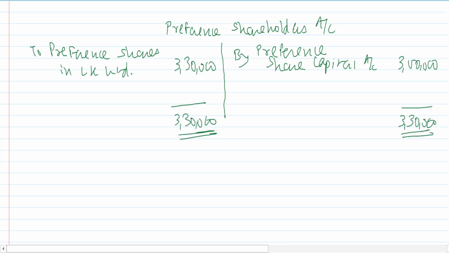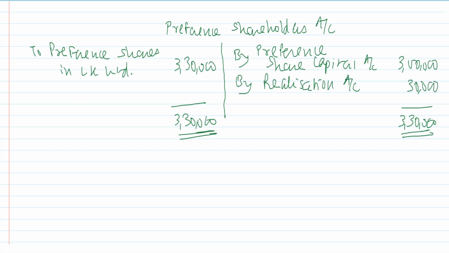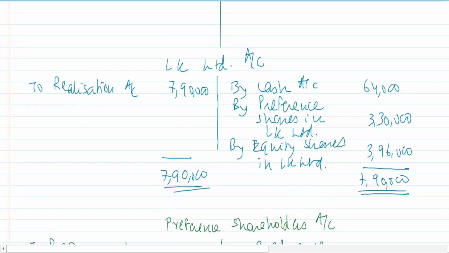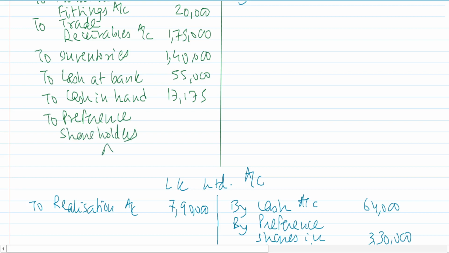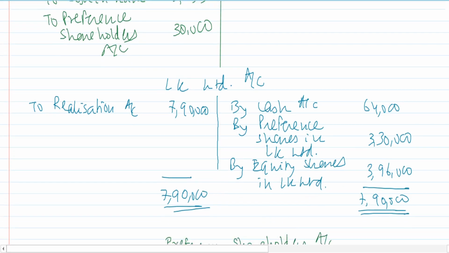Extra 30,000, debit the realization for it. Anything extra that you are paying to the preference shareholders is at the cost of the equity shareholders. Equity shareholders lose out because of that. To preference shareholders account, 30,000. Right.